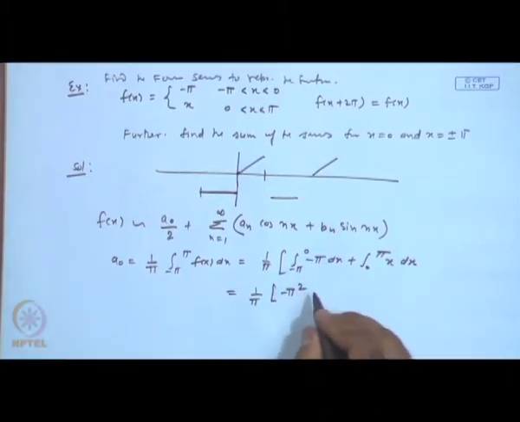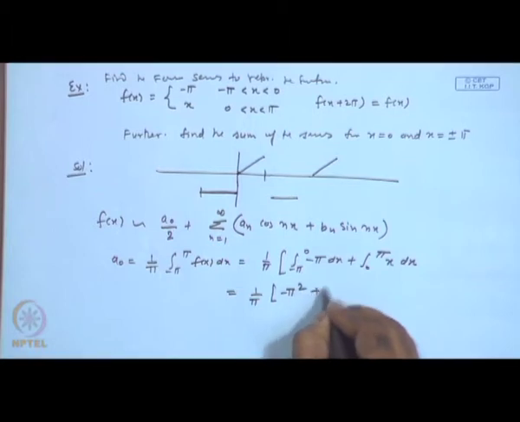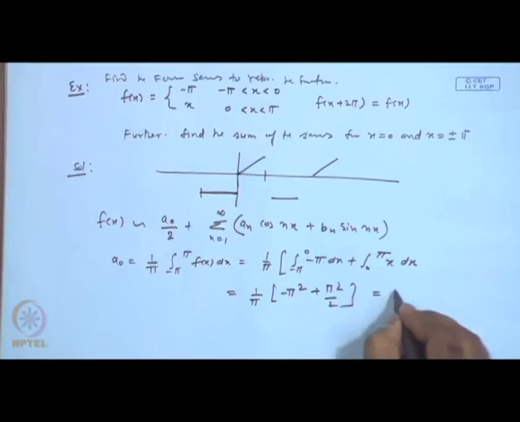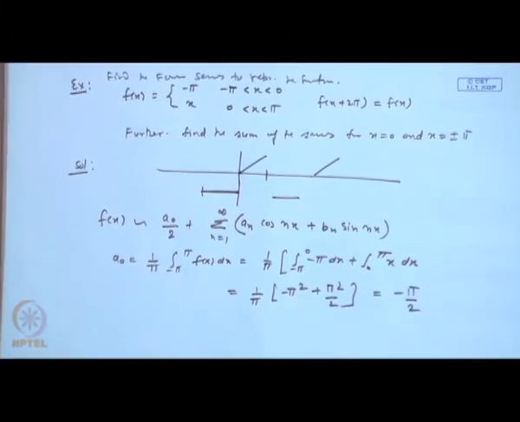So, we will get again minus pi square plus pi square by 2, and this is nothing else but minus pi by 2.